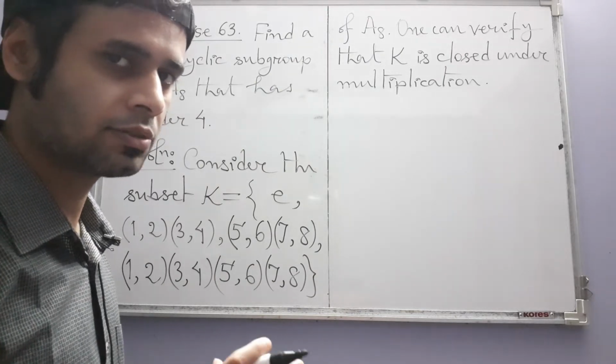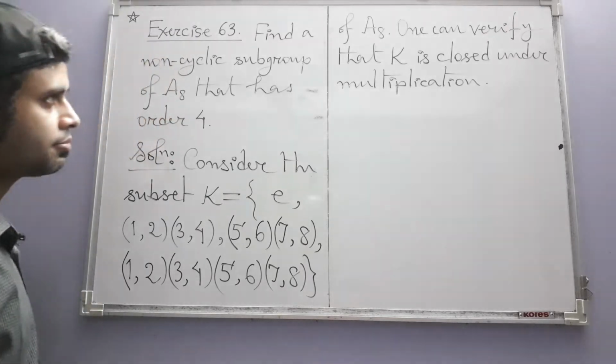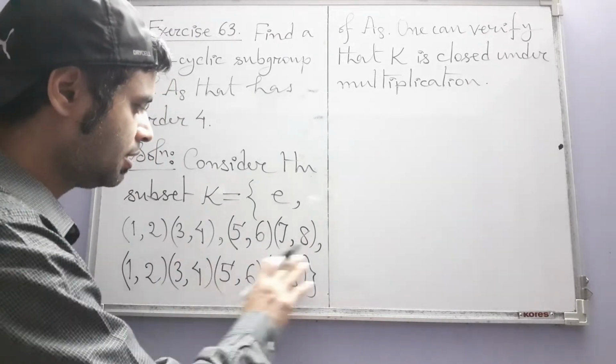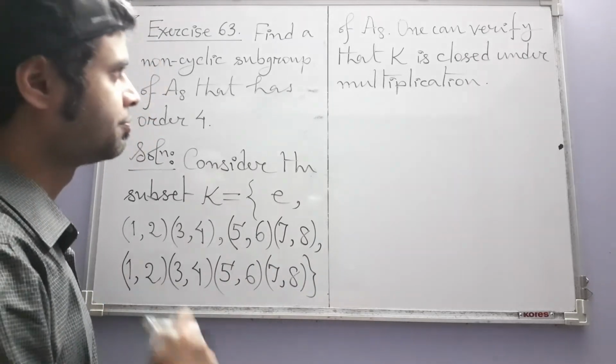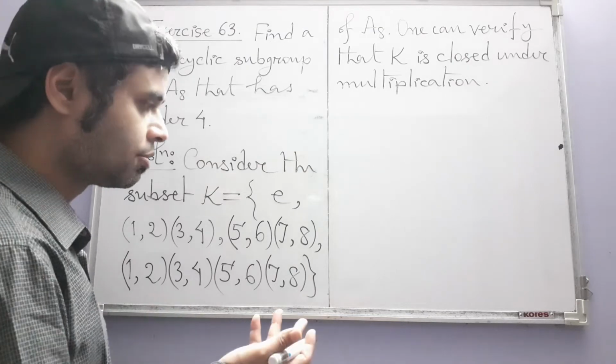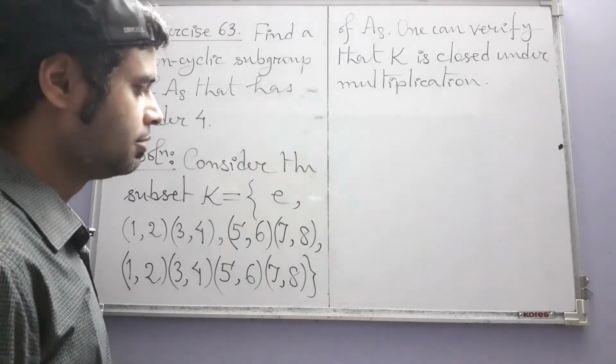It's the product of two permutations. So this one can routinely be verified. You just have to see that this is the case. And that is why, by the subgroup test, K is a subgroup of A8.